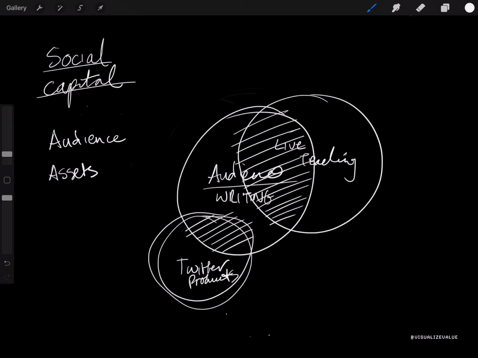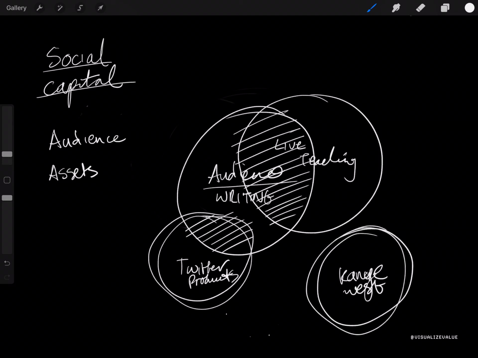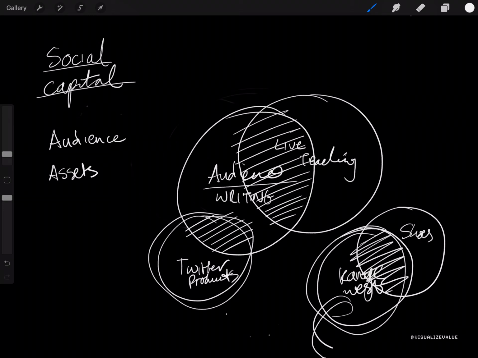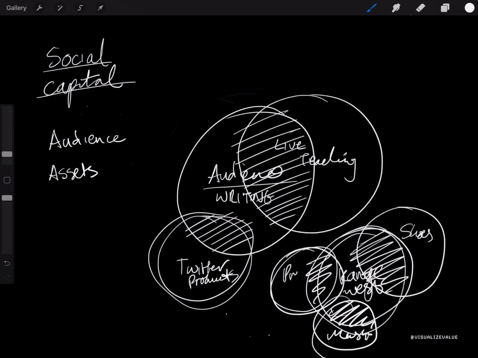A great example of social capital is, let's do a Kanye West situation here. So audience as asset, you can come out and sell shoes, sell music, sell a presidential bid, albeit probably a smaller segment of the overlap here.